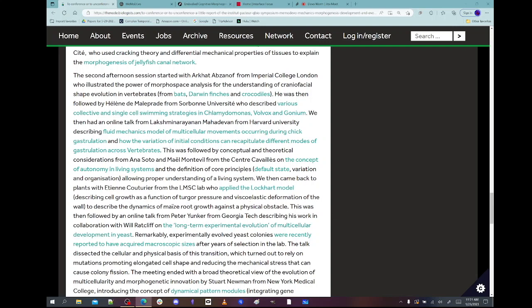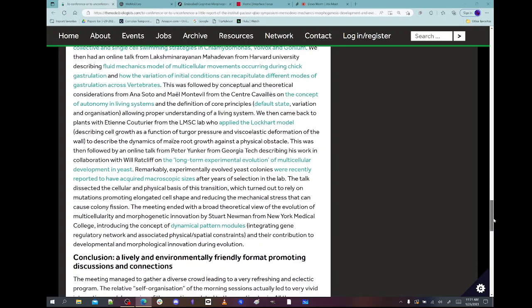And then they talked about more physical models and applying those to viscoelastic deformation and other types of morphological problems, such as a maze growth against a physical obstacle. So looking at how growth, not just development, proceeds, and some of these physical models that might come into play and explain them.